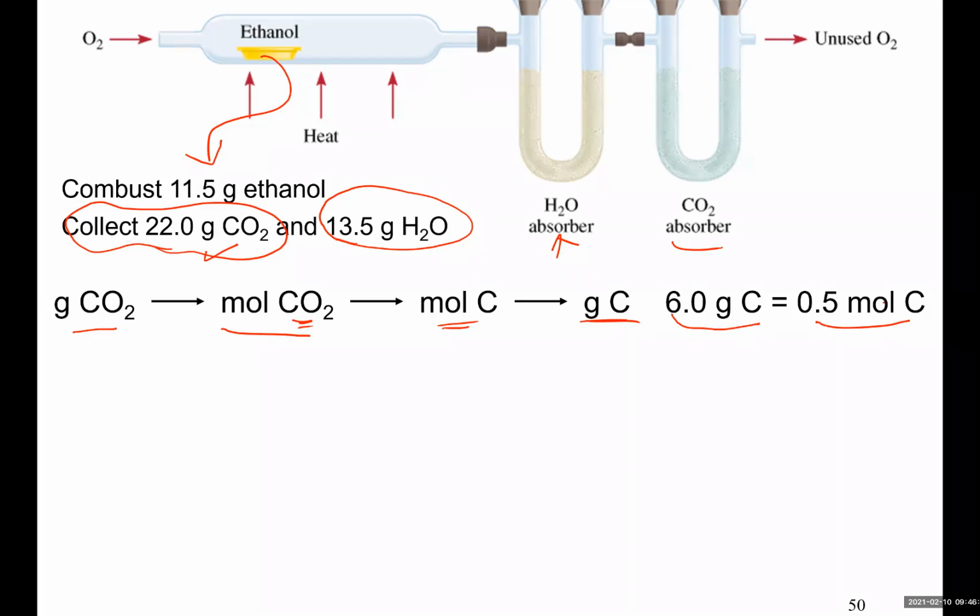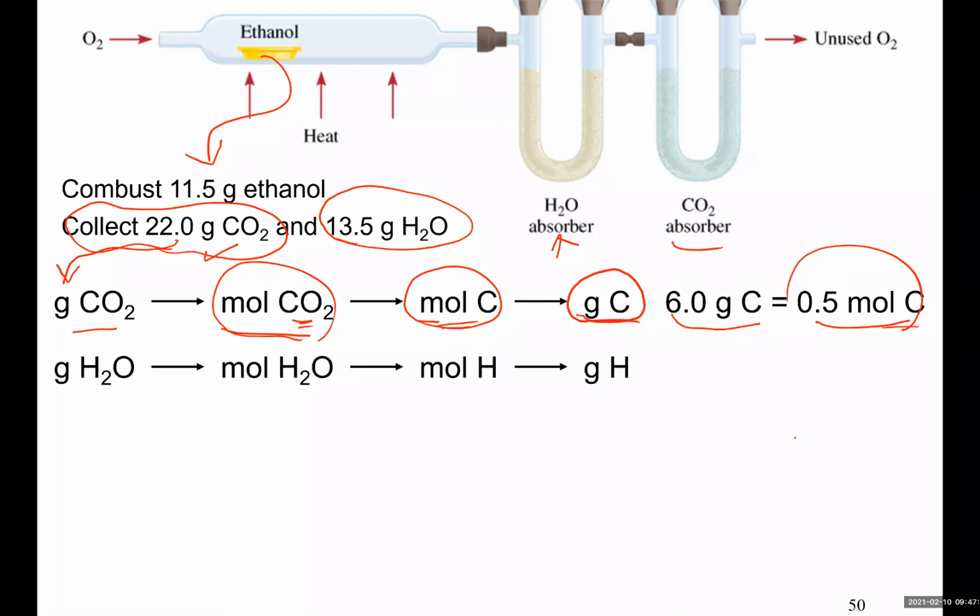In other words, if you do the calculation using 22 grams of CO2, you're going to get half a mole of CO2, half a mole of C, and half of 12 grams is 6 grams. So 22 grams of CO2 corresponds to half a mole of carbon. You can check that calculation. Let me know if you couldn't get that.